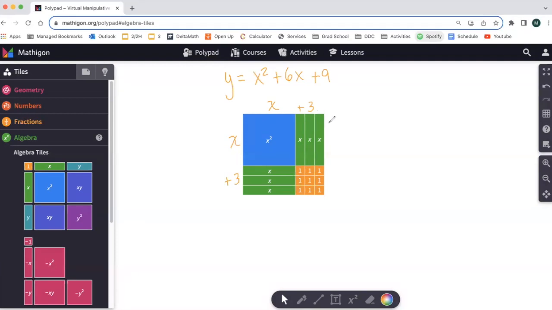Finally, if we multiply this 3 and the 3 here, we can see that in the bottom right box, it creates 9, which 3 squared gives you 9. So all in all, we see the area of this square is received by getting the side length x plus 3 times the other side length of x plus 3, written a little bit more simply as x plus 3 quantity squared.